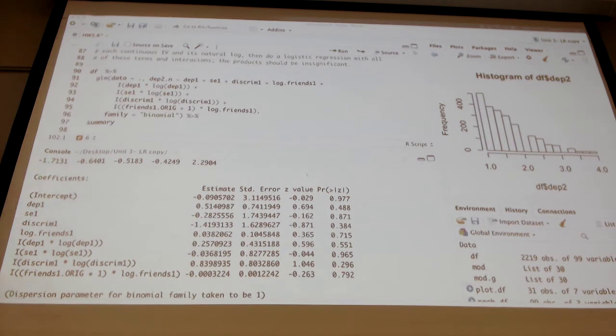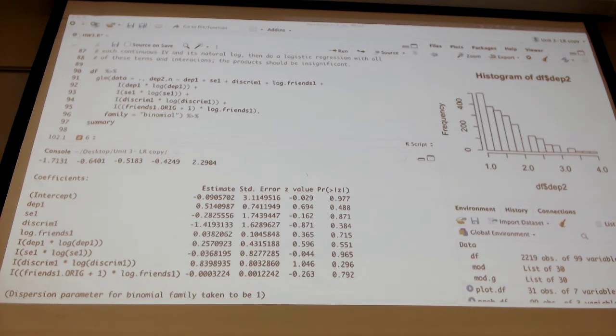Basically, if there's a significant moderation effect, it's significantly different from linear, okay? And what we're hoping for here is no significant interaction between continuous variables and their natural logs. If we have that, we're violating linearity of the logit, okay? So that's the first thing. Is that clear to everybody?